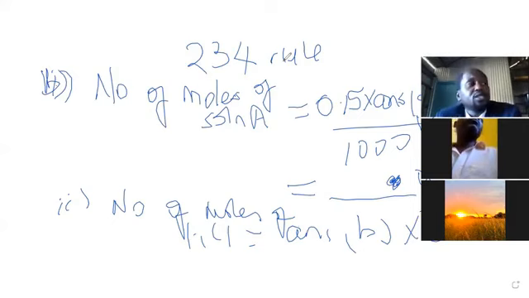The 3 stands for 3 decimal places. All molarity or concentration in moles per liter must be rounded to minimum 3 decimal places.